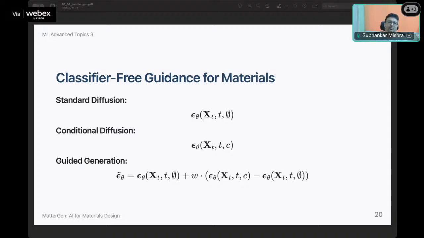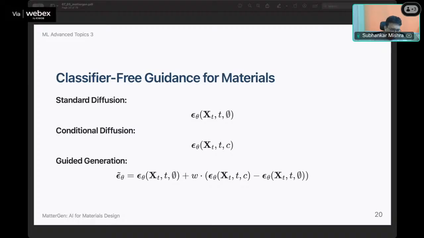If I start doing conditioning for any model, I have to give the condition somewhere, in the beginning, in the middle, or at the end. But with classifier based guidance models, you generally start from a random material, MatterGen will generate new materials, and then there will be a classifier at the end, which will classify whether it follows the desired properties or not.